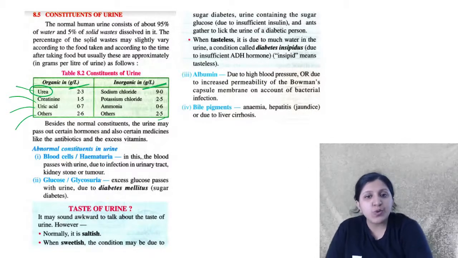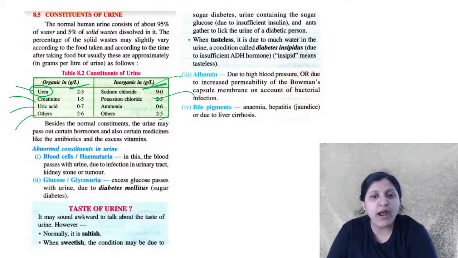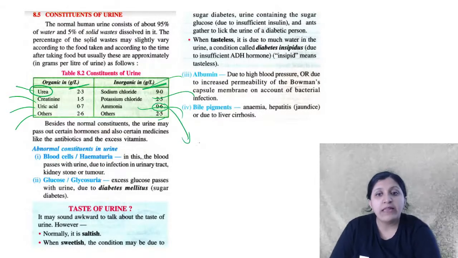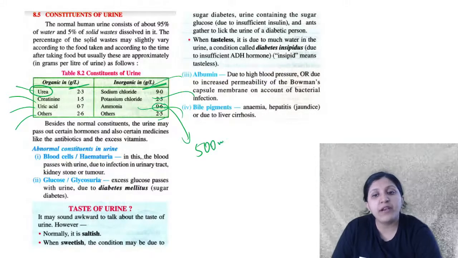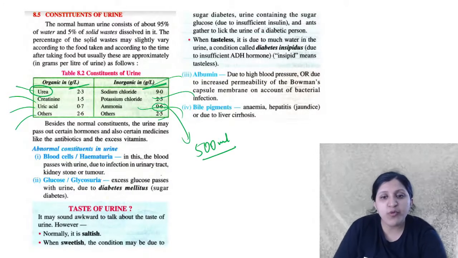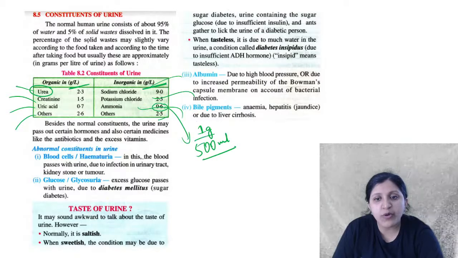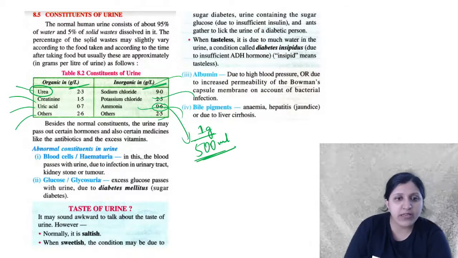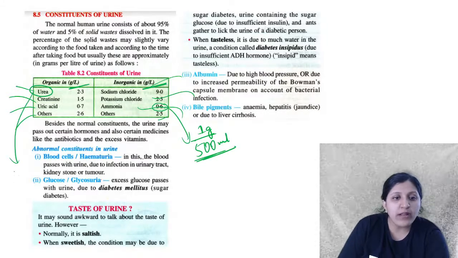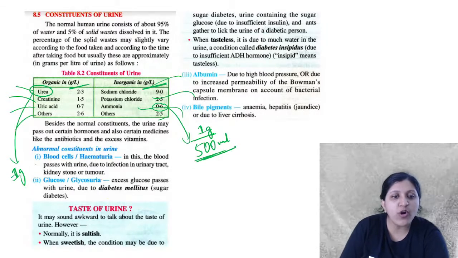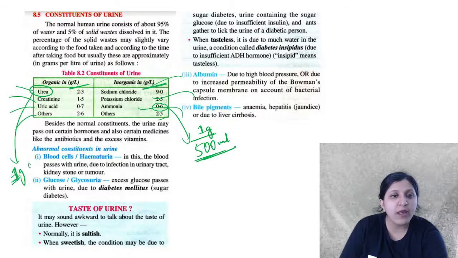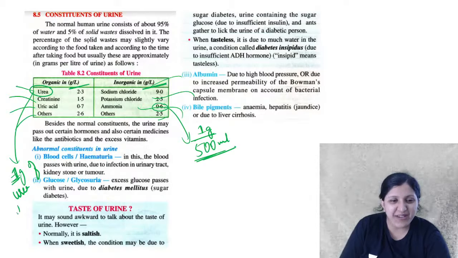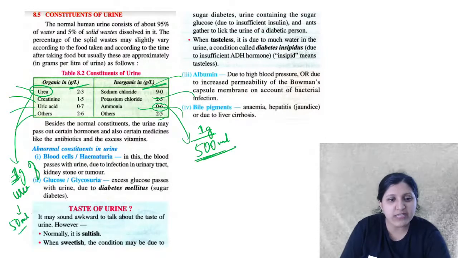So you will find urea, creatinine, uric acid, others, then sodium chloride, potassium chloride, and ammonia also. If you want to remove ammonia, you need to drink about 500 ml of water to remove 1 gram of ammonia. Now let's say you want to remove 1 gram of urea. It is basically 50 ml of water that is sufficient.